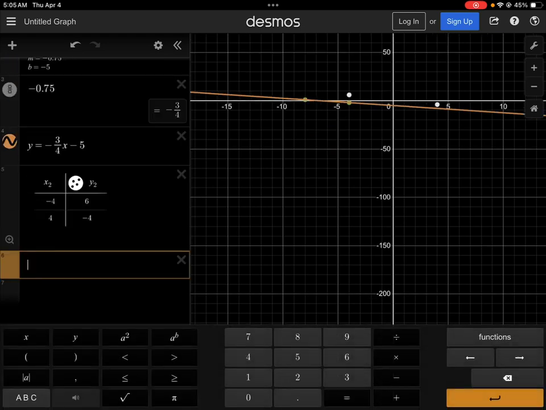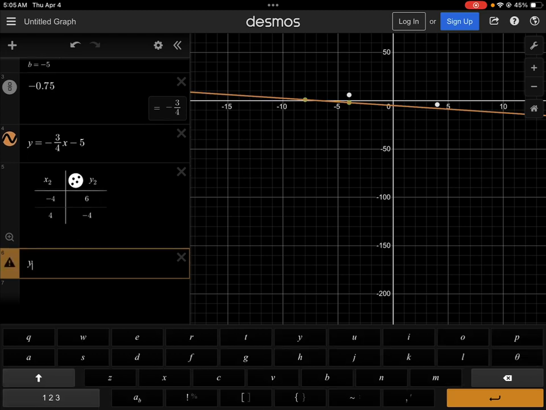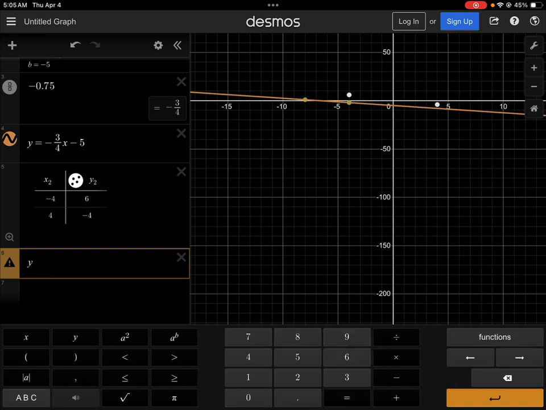And now how do I figure out this equation? Same deal. Y subscript, you don't put 1 now, you have to put 2, because this is the y2 that's on the table.